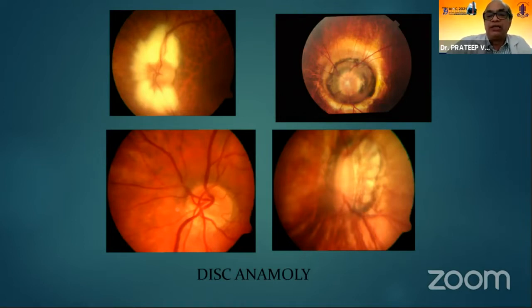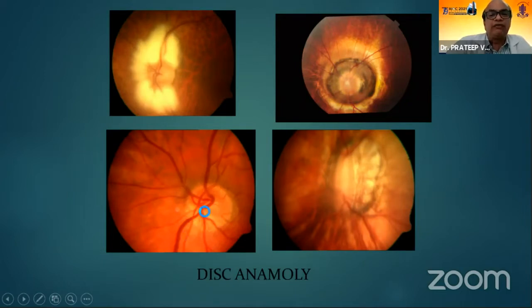Like this disc, this is a classical myopic tilted disc. Looks like a glaucomatous disc, but this is not a glaucomatous disc. This is a tilted disc. Look on the right upper side. This disc is a classical Marlin-Flory, but you may misdiagnose it as a glaucomatous disc.